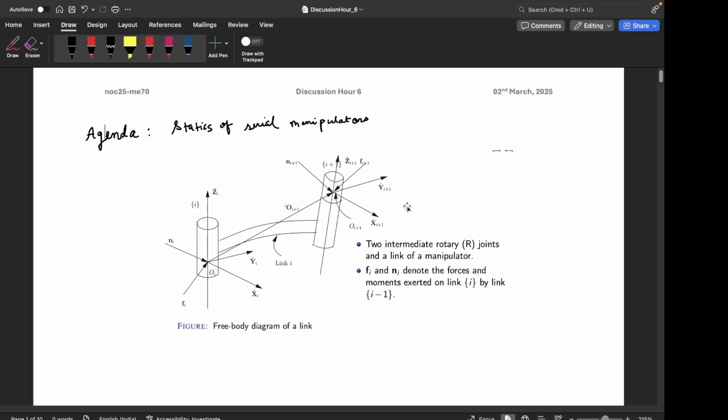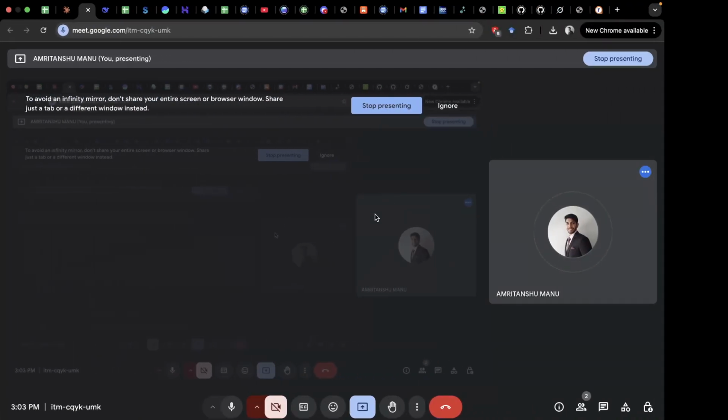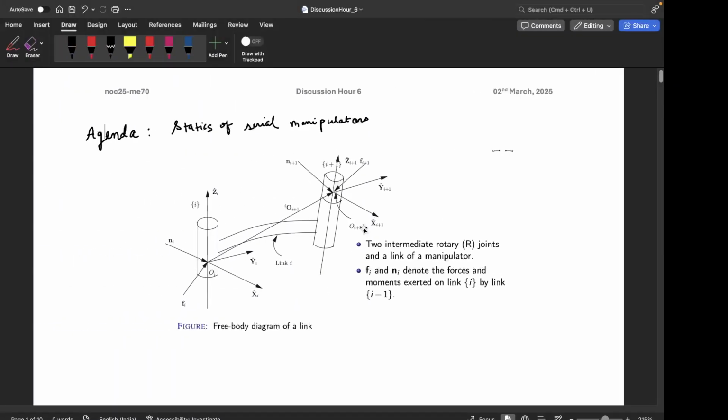So basically, what the manipulability or the velocity ellipsoid tells us is that in a given configuration, what is the direction in which it is easier to move and what is the direction in which it is difficult to move. Now, in this week's discussion, we'll focus on statics.